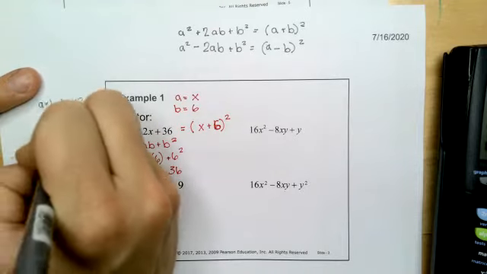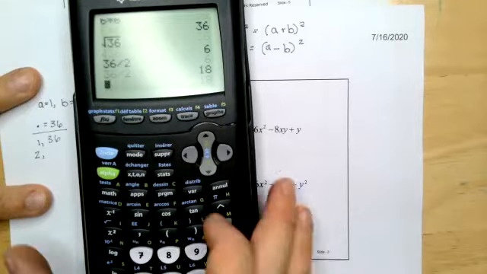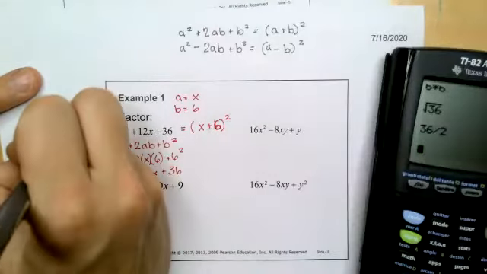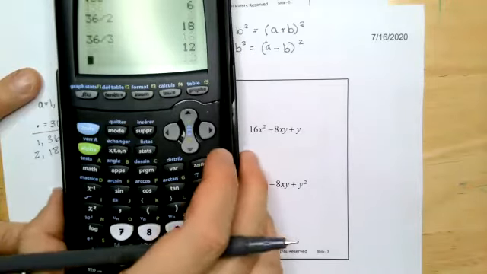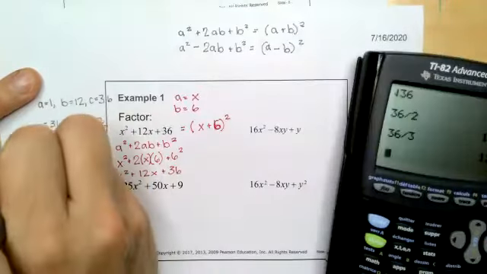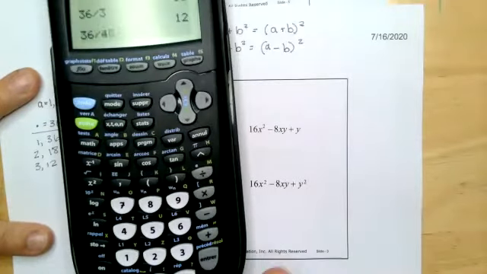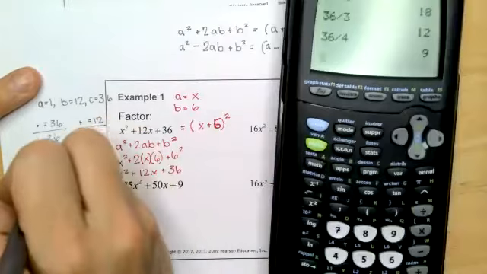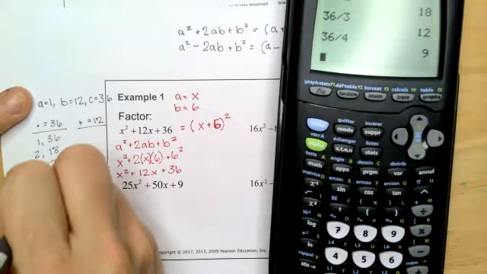We have 2 and 18. We have 3 and 12. And you can just keep going. 4 and 9. And then obviously 6 and 6, right?